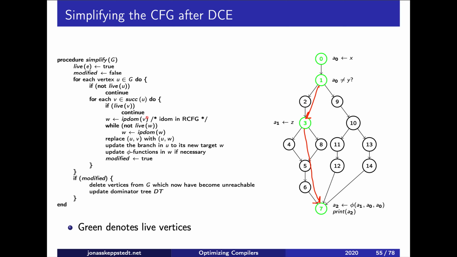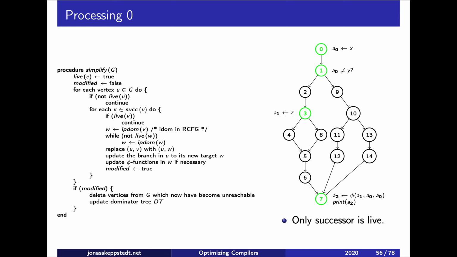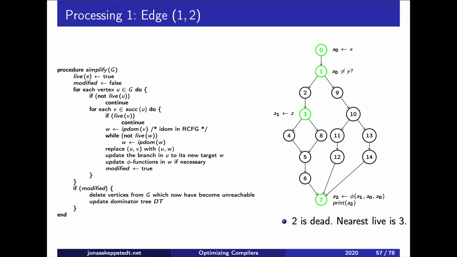And that can be done in something which is similar to the dominator tree, but in the reverse control flow graph. I forget about the details. I have not said them, but they are here to make you fascinated by this nice topic. So I will skip these details and just show what happens.